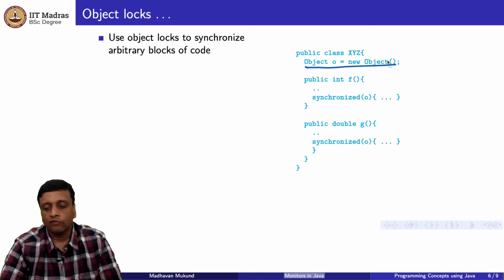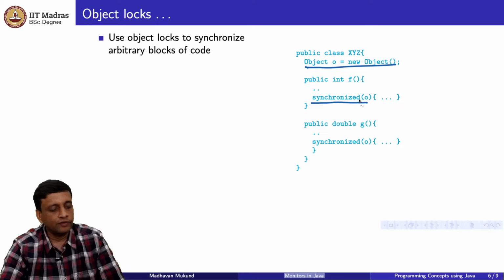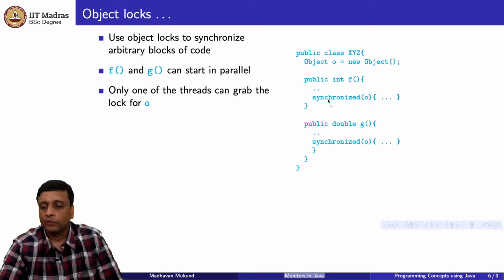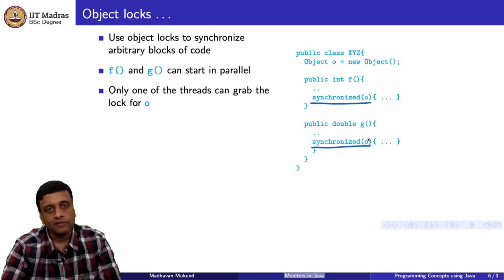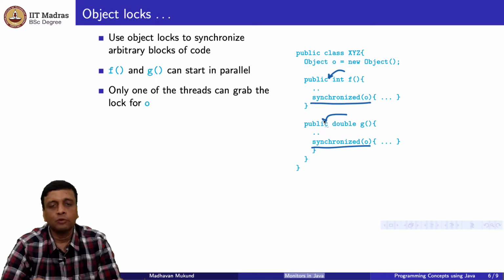And now there is a different form of synchronized which says synchronize on the lock associated with that specific object. So I can have two functions now, f and g, which both use this synchronized lock. The functions themselves are not synchronized, so there is no synchronized here which indicates that these functions are mutually exclusive.